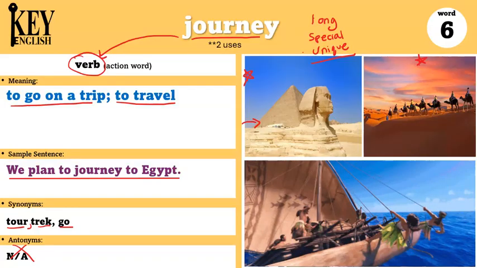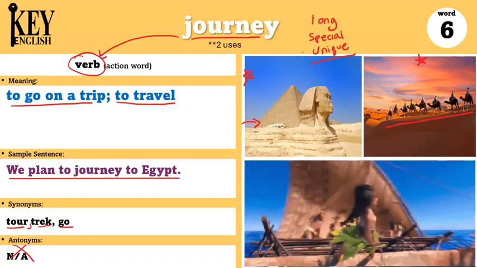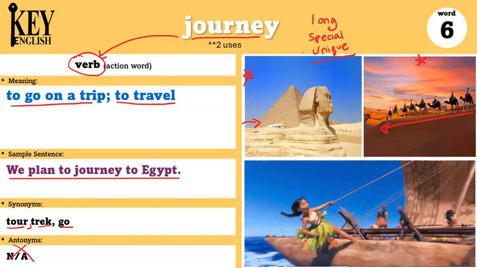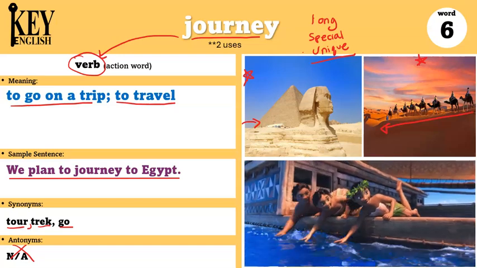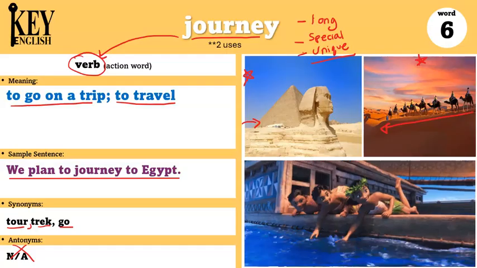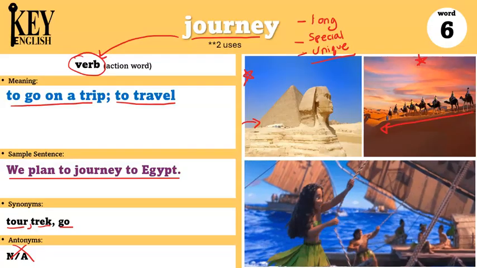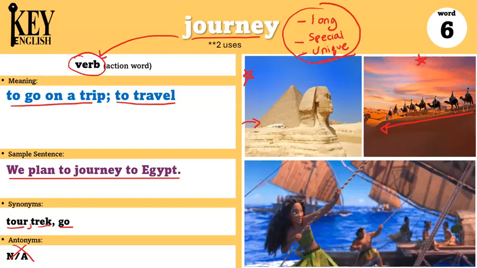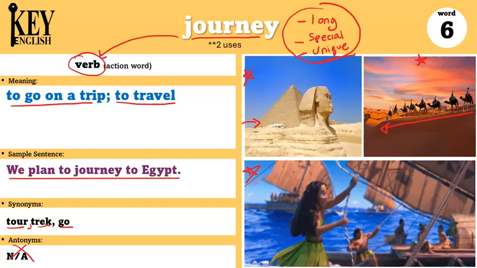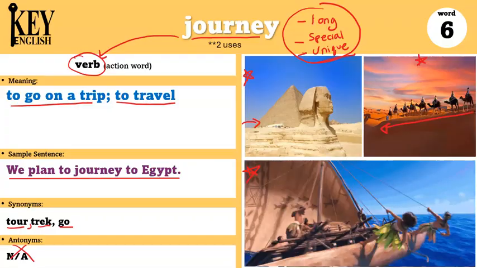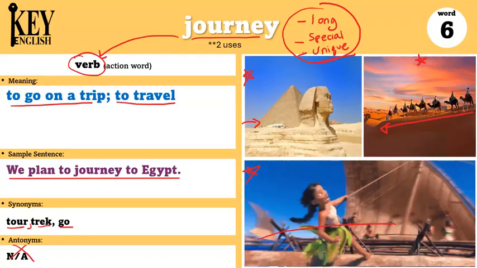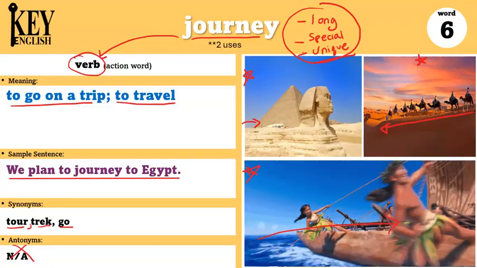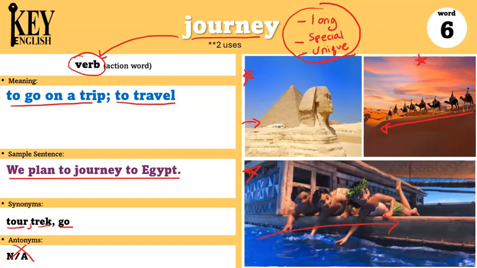Or, the people journeyed across the desert to find their home. So they went on a very long, special, unique trip that many people don't do. Only a few people have done. You can also think about the movie Moana. I can say, Moana's people journeyed across the ocean to their home. So they went on a long trip.